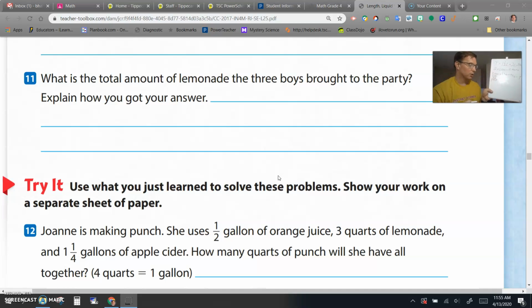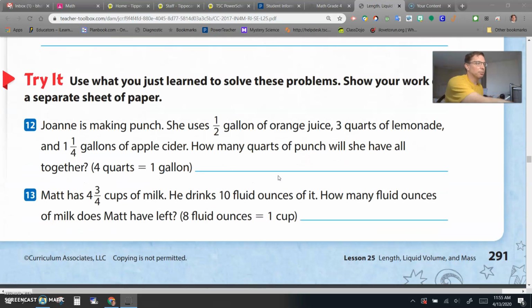So you get 3,950 milliliters, the total amount of lemonade they brought to the party. So go ahead and do the try it, pause it here, and do the 2 problems. Unpause it, and we will do it together.